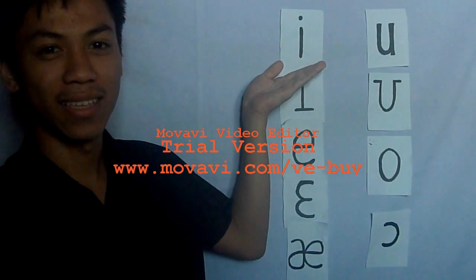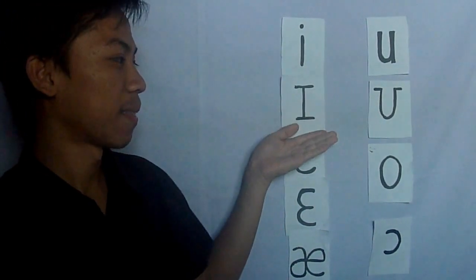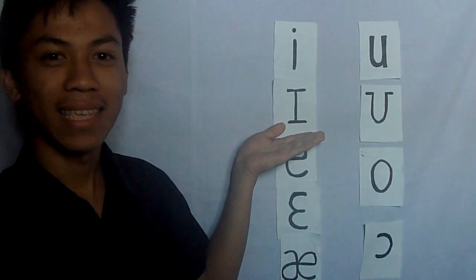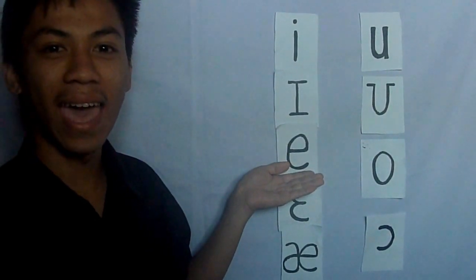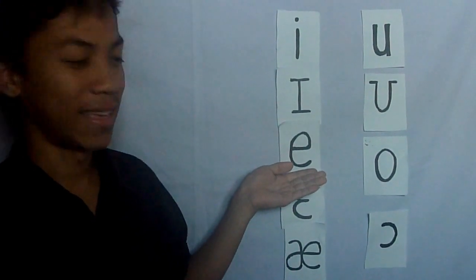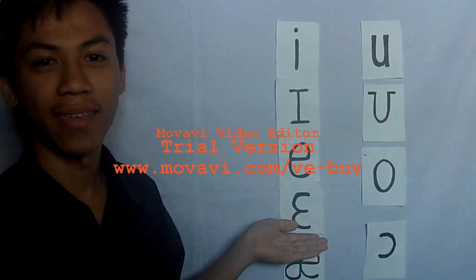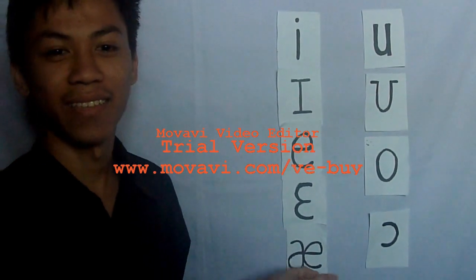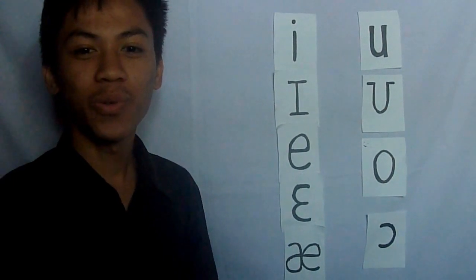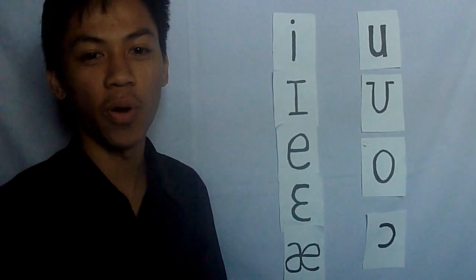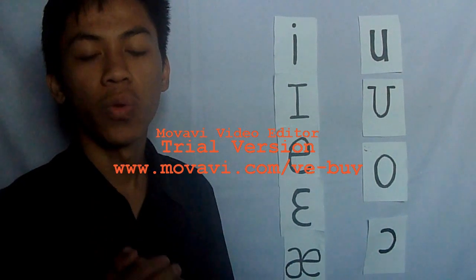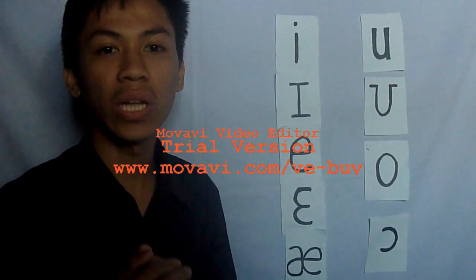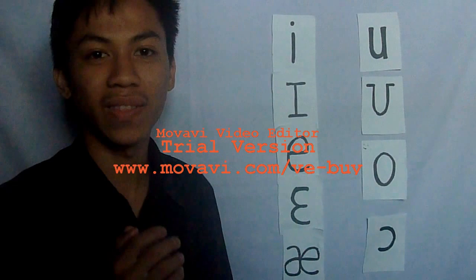The E, I, A, and the A. So, two things I want you to know at this point is that the front vowel sounds require the tongue to be a little forward with the tip down and touching the back of our bottom front teeth.